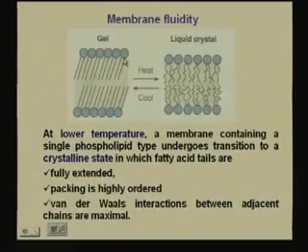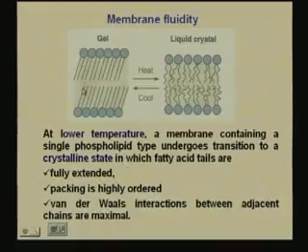Okay? And if we had a kink in the structure due to the presence of the cis double bonds, then this at some point would set into a specific form that would give, on heating, a transition that would result in a liquid crystal structure. So, at lower temperature, a membrane that contains a single phospholipid type would undergo a transition to a crystalline state.